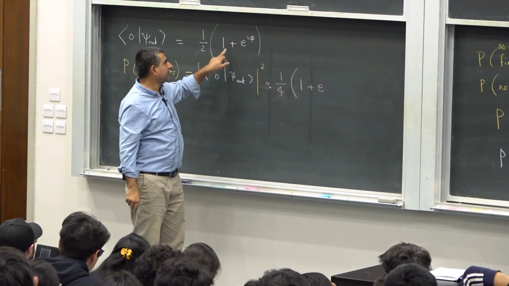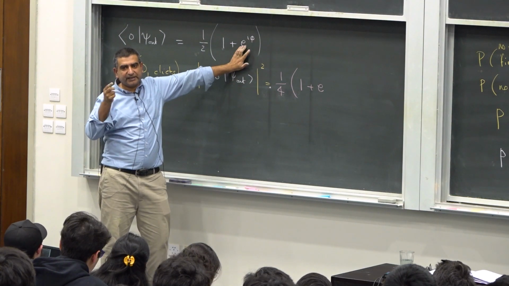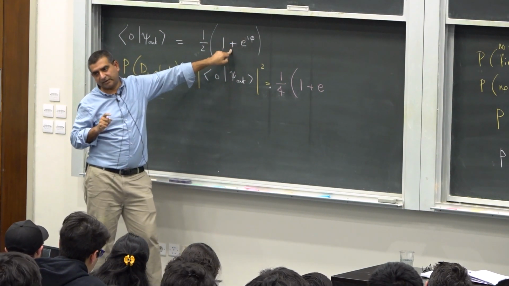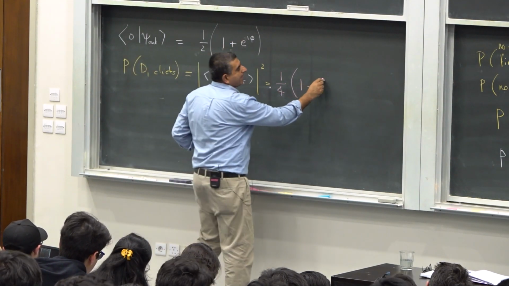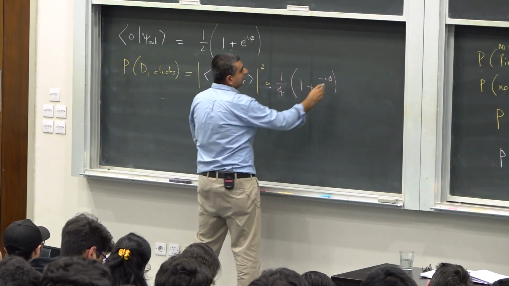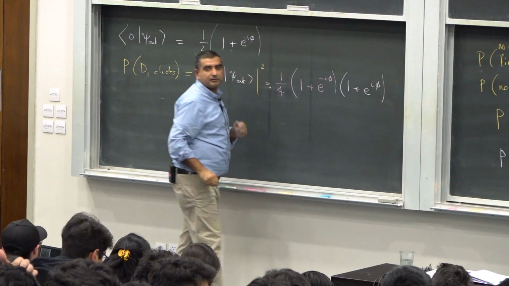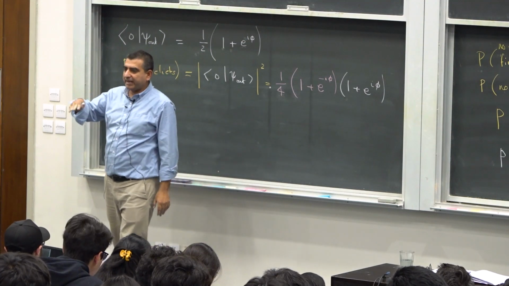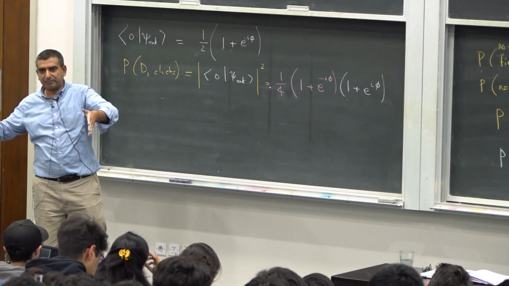The complex conjugate of 1 is 1. The complex conjugate of this number is the same number with the minus sign over here, not a minus sign here. And I multiply this with the original number 1 plus e^(i phi). So it's the number multiplied with its complex conjugate. That's called the modulus square, and that gives me the probabilities.